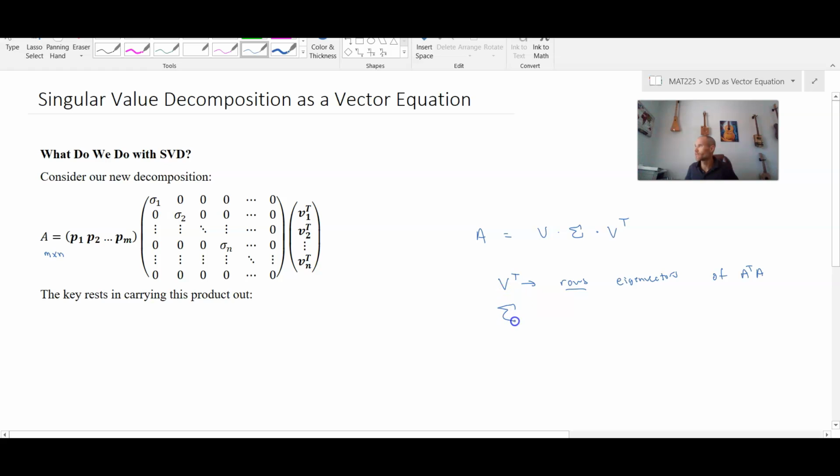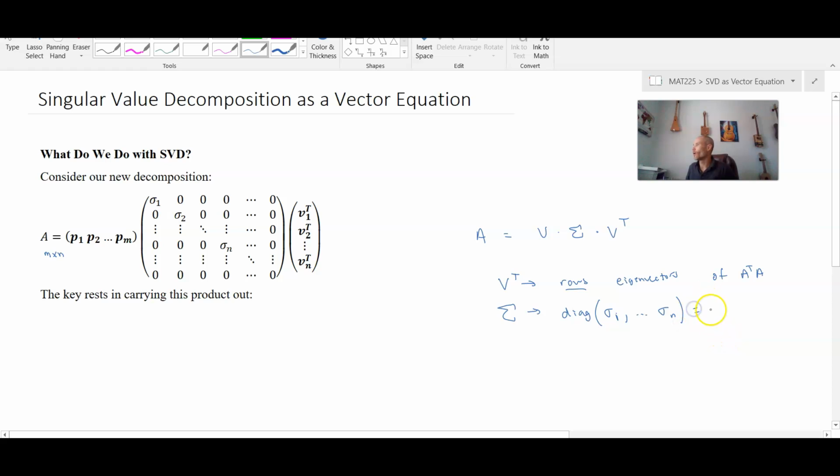So sigma, we recall, is a diagonal matrix, meaning there are zeros everywhere off the diagonal. The diagonal contains the sigmas, the sigma i's, sigma 1 all the way up to sigma n.